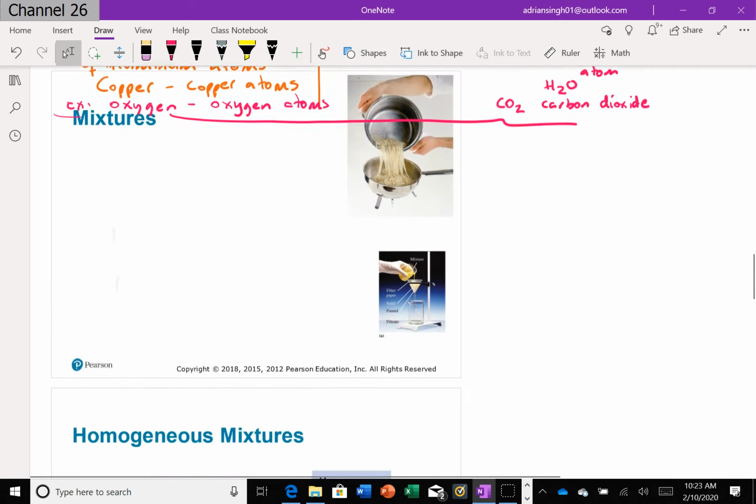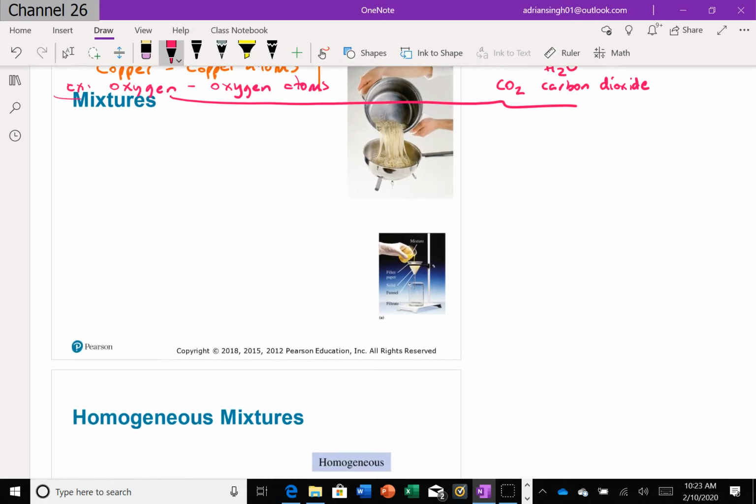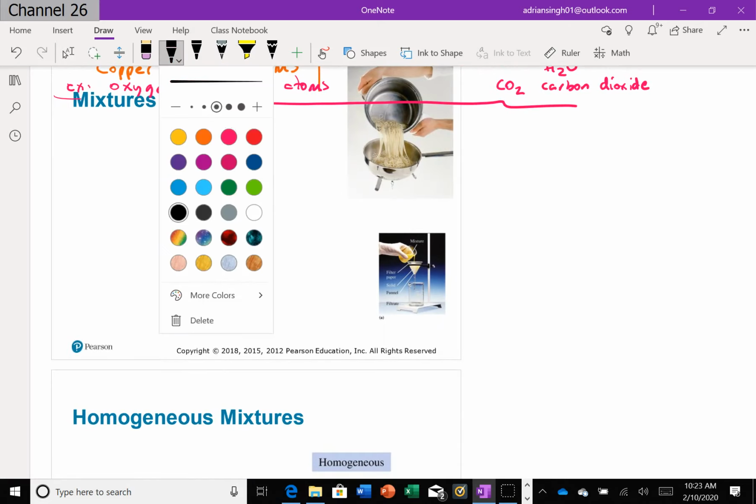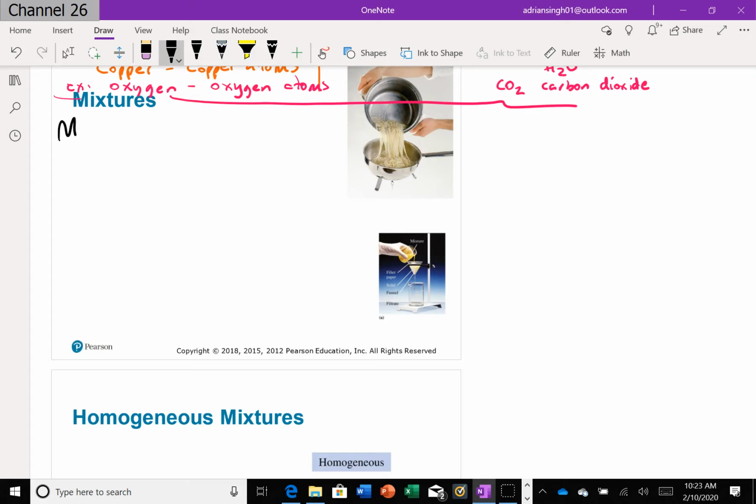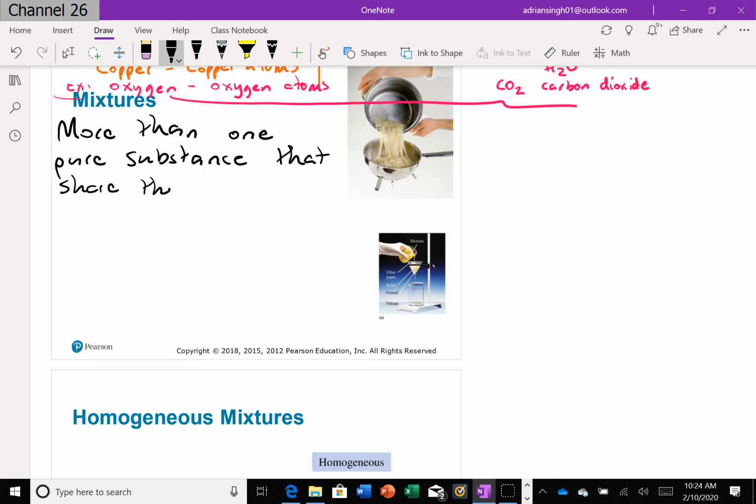Right, and a mixture is where you have more than one pure substance that share the same physical space but are not chemically combined.